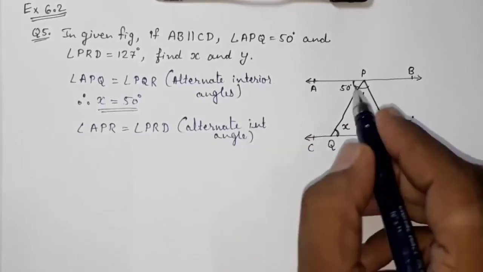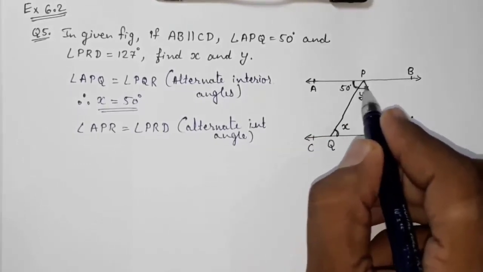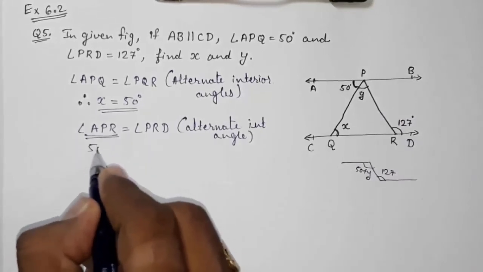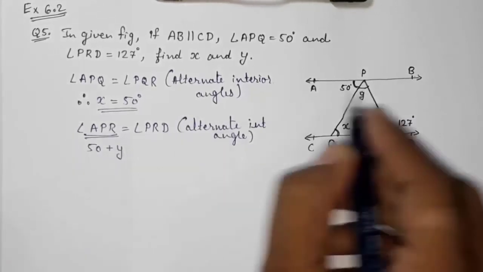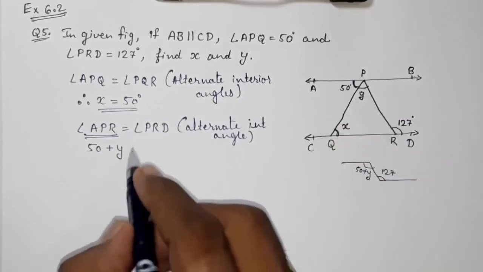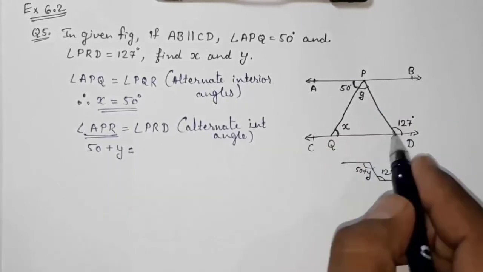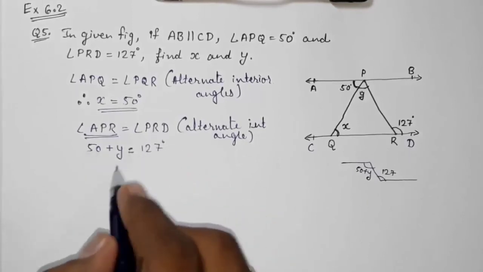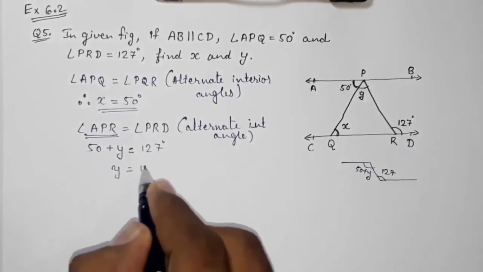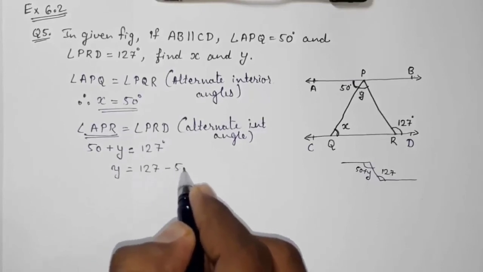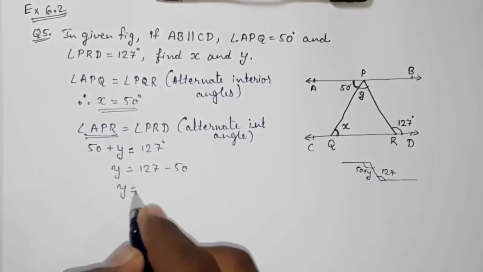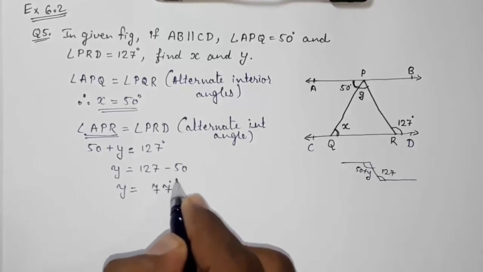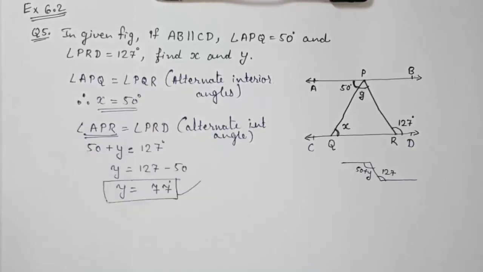These two are equal. So instead of APR, I am going to write 50 plus Y. So 50 plus Y equals angle PRD, that is 127. Now take this 50 on that side. Y is equal to 127 minus 50. Therefore Y will be equal to 77 degrees. So this way we can find out X and Y.